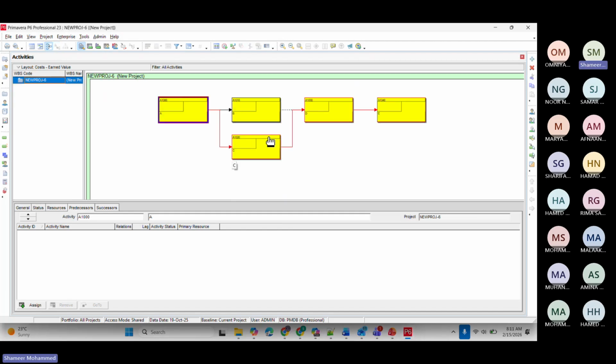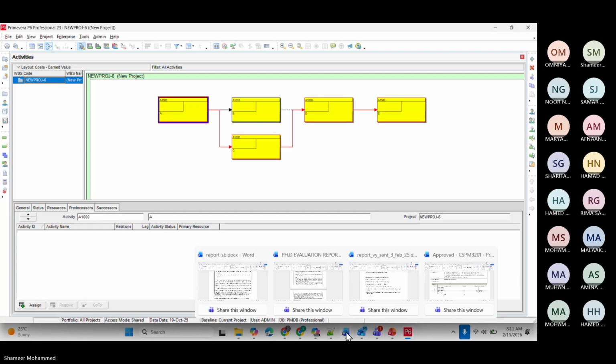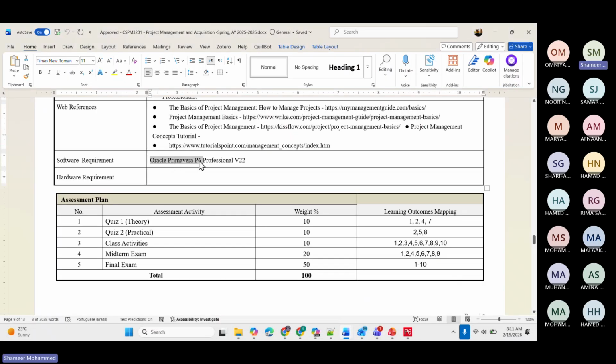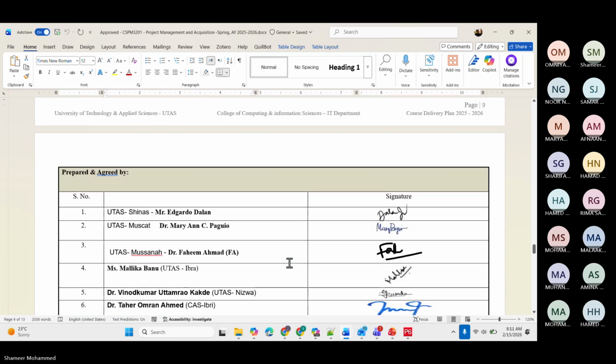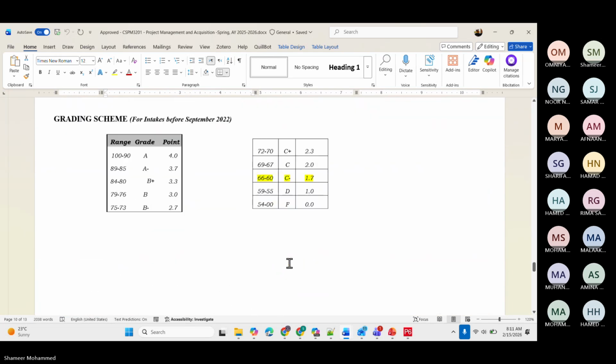Like this, you can study. So this is the tool that we use for doing the practicals. So these are the assessments, students. I hope this is clear for you. Passing mark, C minus is the passing mark for this course.